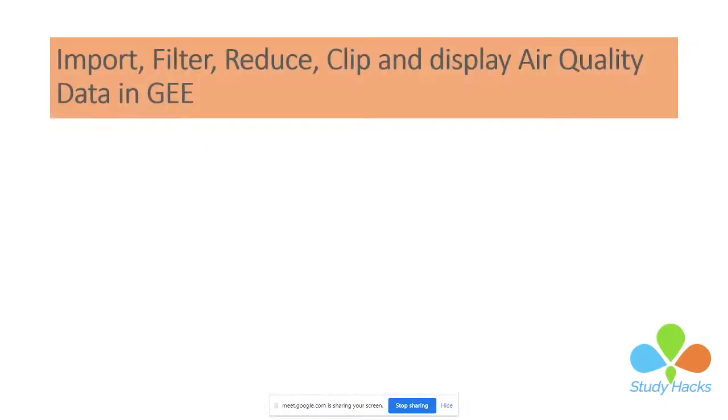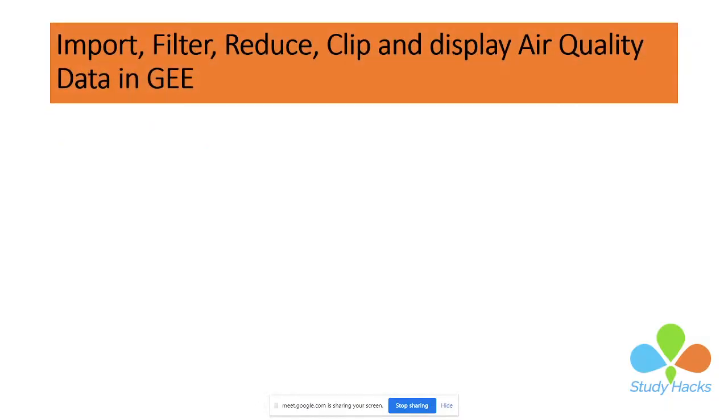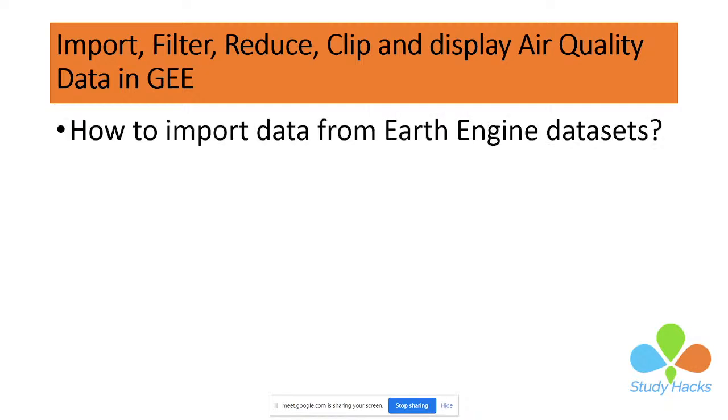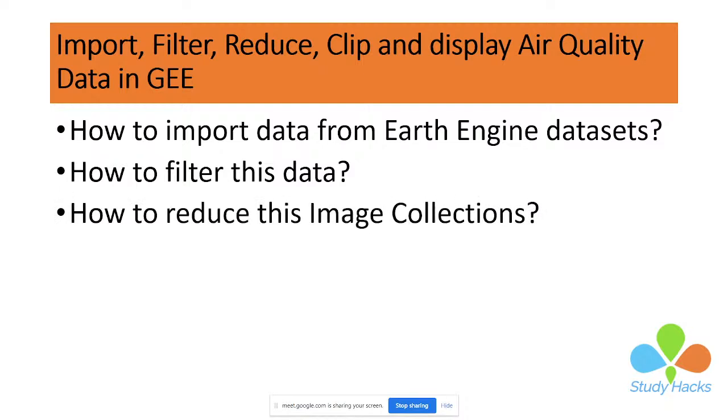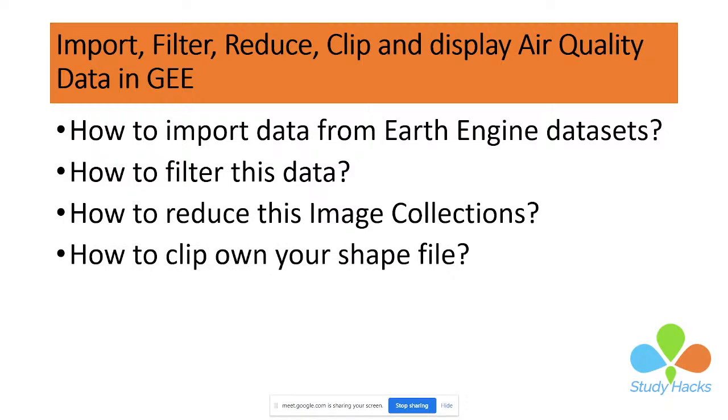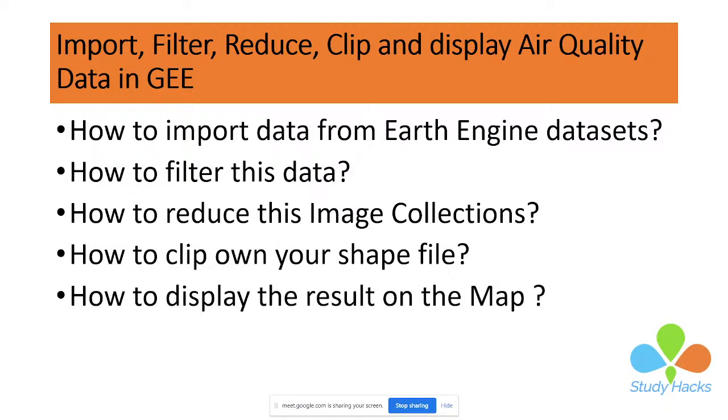I will show how to import this dataset, how to filter this dataset for a specific time period and a specific region, then how to reduce this image collection, how to clip it to your shapefile, and how to display the result on the map. So this time I will discuss this topic.